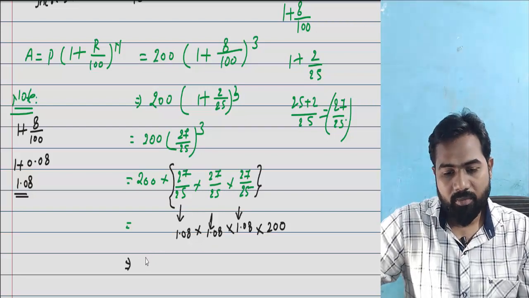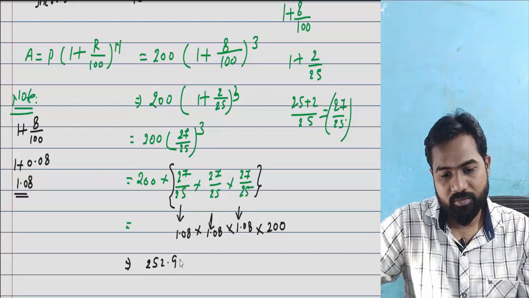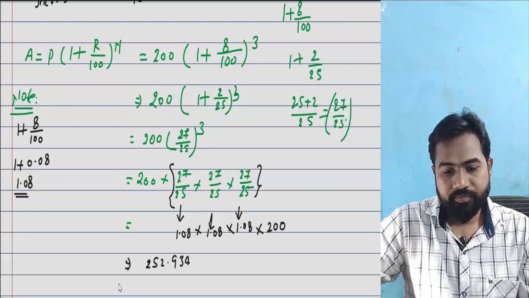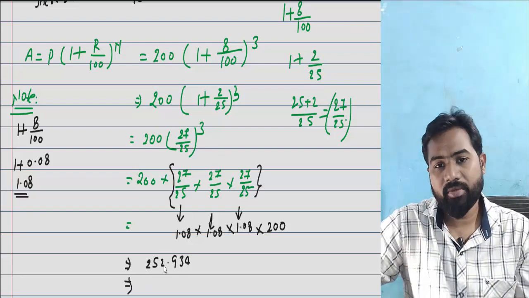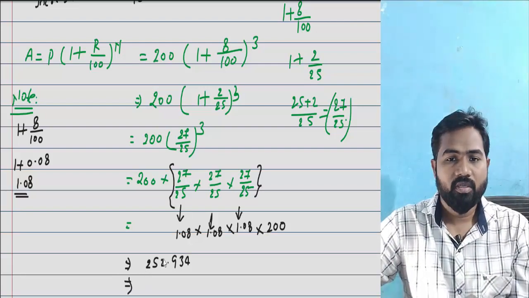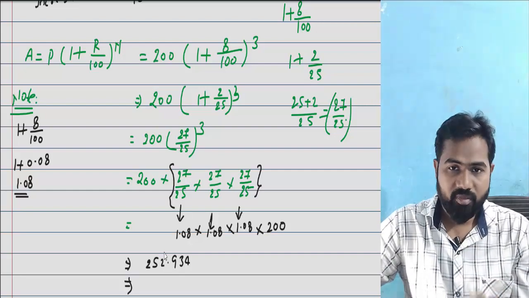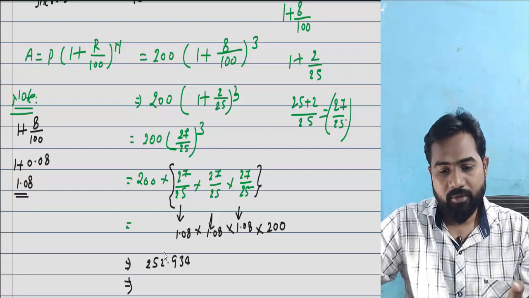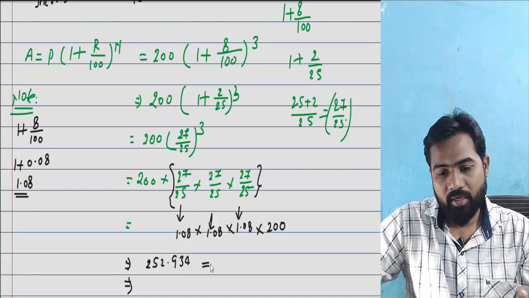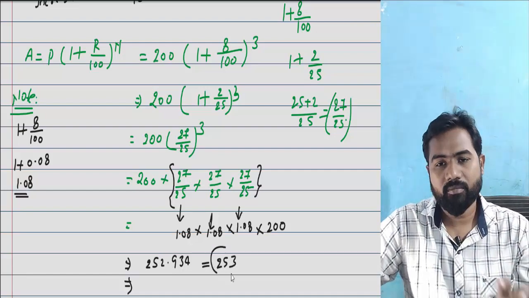So 200 multiplied, you are getting 252.934, something like this. But students, after this multiplication, the number of sheep cannot be a fraction. Yes or no? There cannot be half sheep and full sheep. So here 253 will be considered as the complete number of sheep.